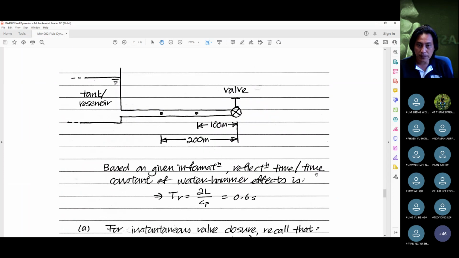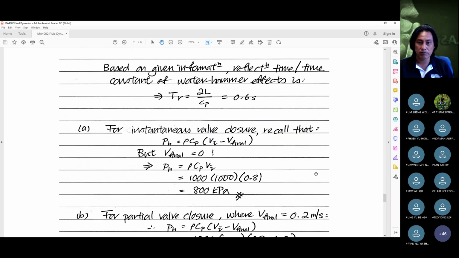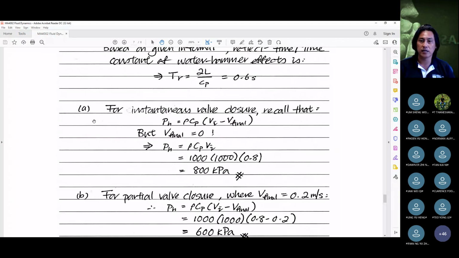Now to answer part A, it's a rapid valve closure with a 0 final velocity. To calculate the water hammer pressure, pH, we simply take the density of the water, multiply by the pressure wave velocity, and then by the difference in velocity, that is initial velocity minus final velocity.